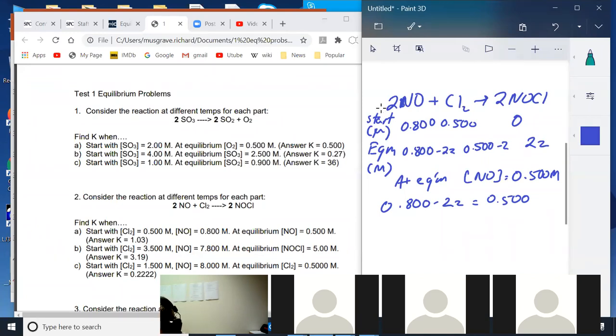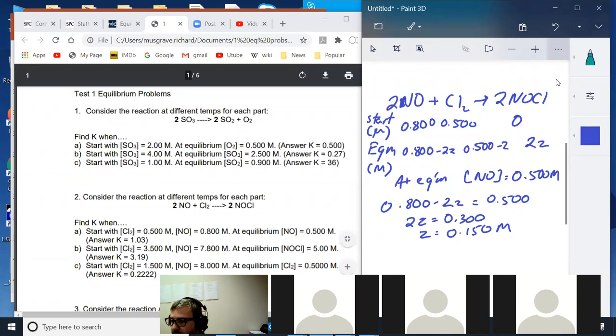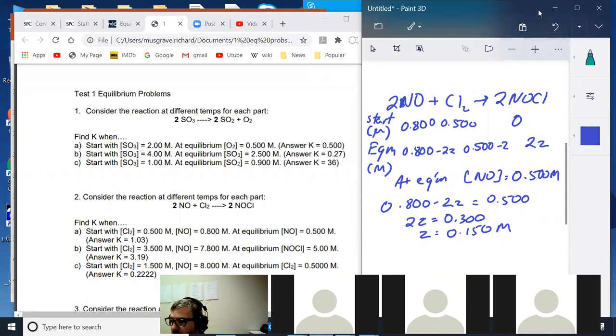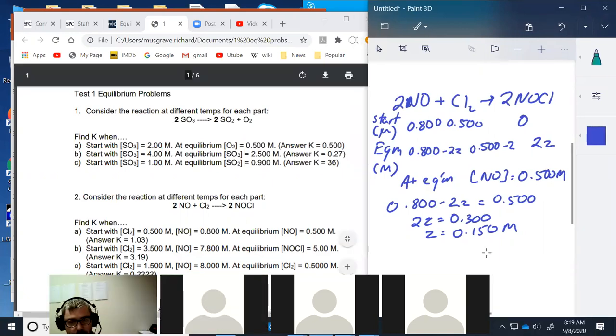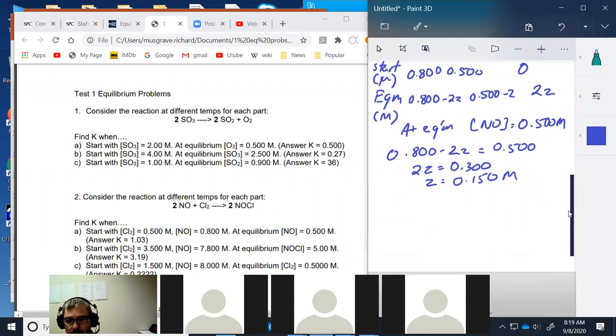If we rearrange this, you'll see 2Z equals 0.300, so Z is going to equal 0.150. Does anybody have any questions? That's a little bit of a wrinkle. It's a little bit different to what we just looked at. Okay, any questions?